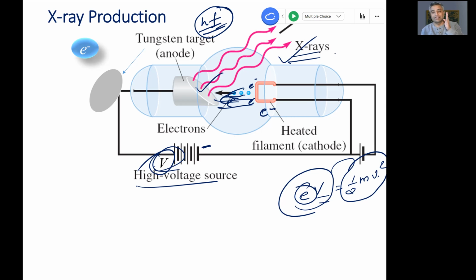They can easily penetrate through, let's say, our cloth, our muscle, but they cannot penetrate the bones. So that's how we get the image of the bone, okay?